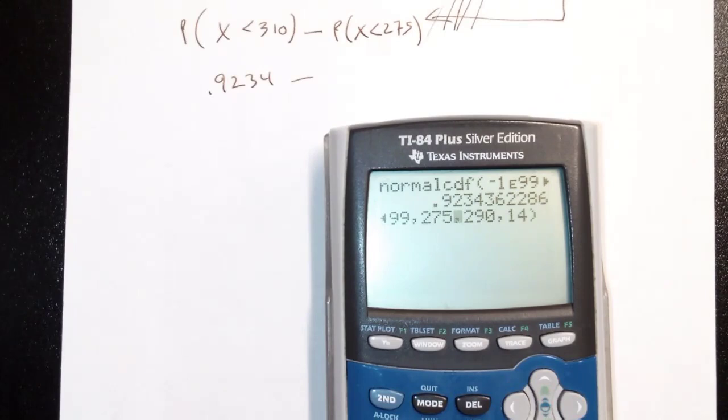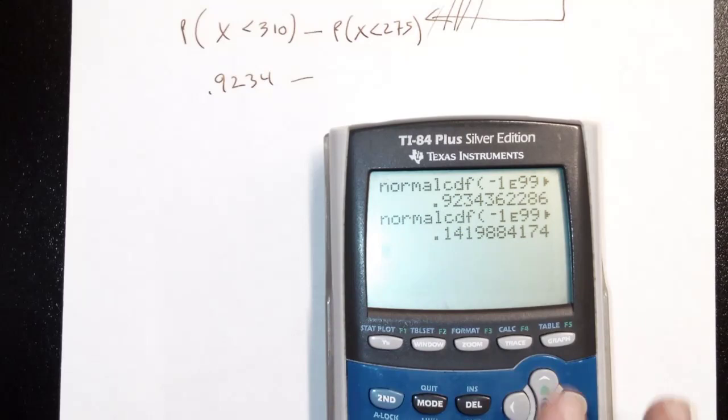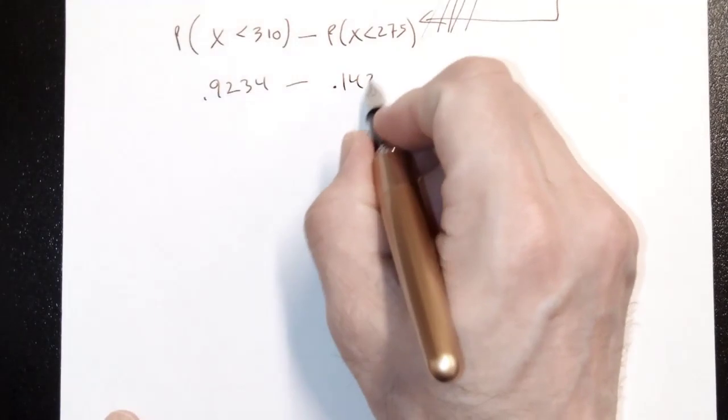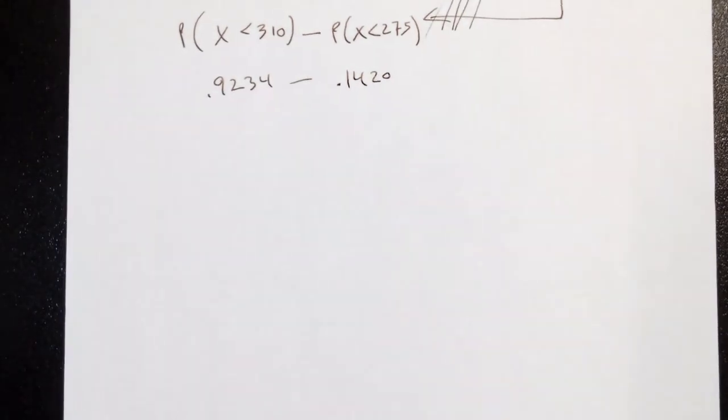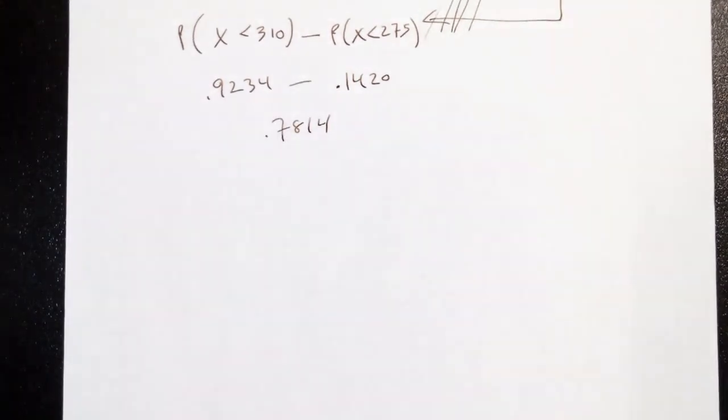I don't have to go back to the menu again. I can, but it's not required. Hit enter. 0.1420, which rounds up. And when I subtract 0.9234 minus 0.1420, I get 0.7814.